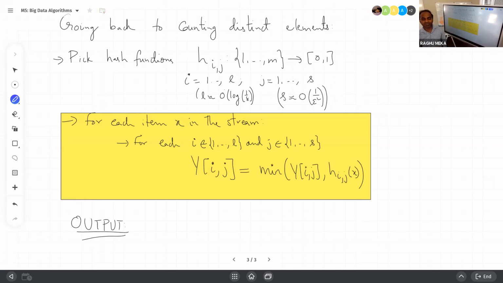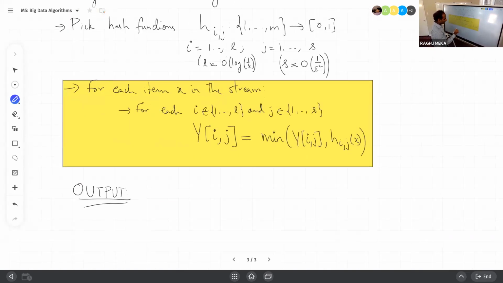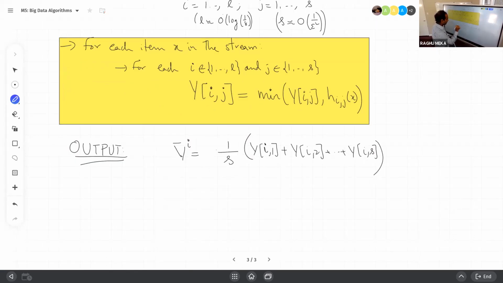In the end, if someone comes and asks, okay, what's the number of distinct elements, you compute y bar i for each row. You compute the row averages and then compute the median.